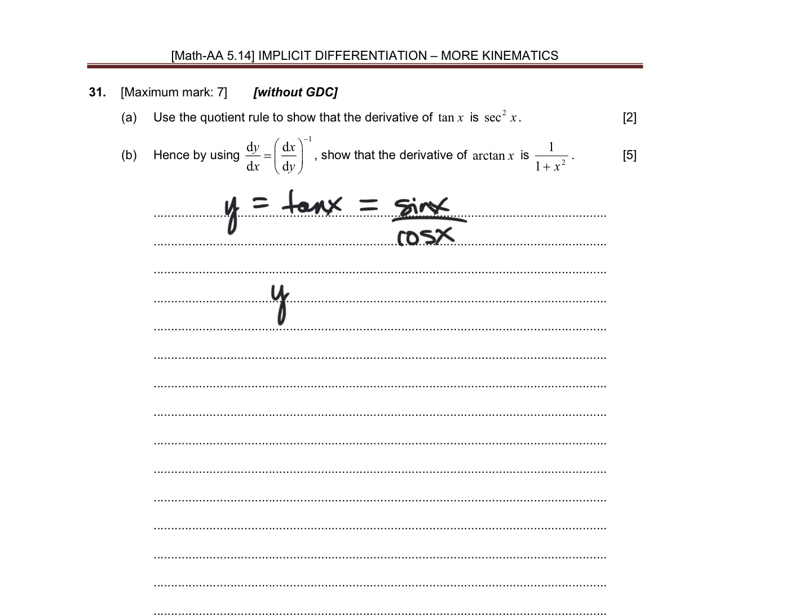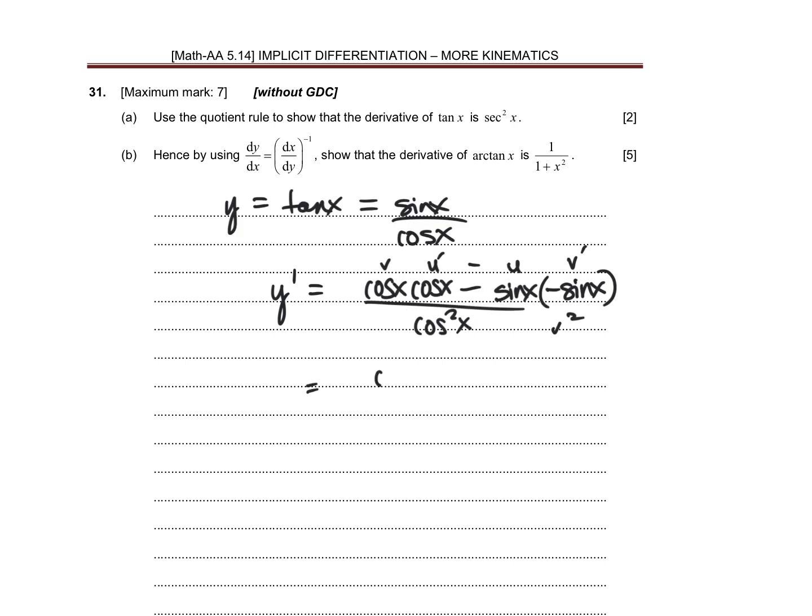So we have the derivative is going to be cosine squared on the bottom, cosine times the derivative of sine, which is cosine, minus sine times the derivative of cosine. So this is v u prime minus u v prime over v squared.